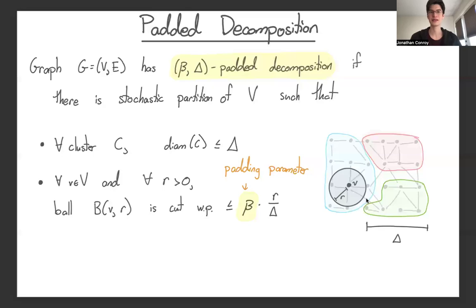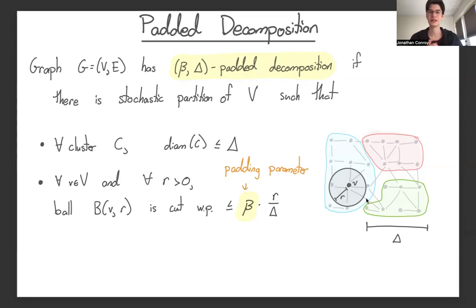So formally, we say that a graph has a beta delta padded decomposition if there's a stochastic partition of the vertices, such that every cluster in this partition has diameter at most delta, and such that every radius r ball in the graph is cut with probability at most beta times r by delta.